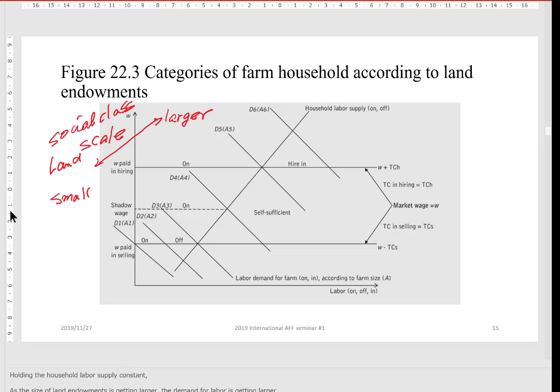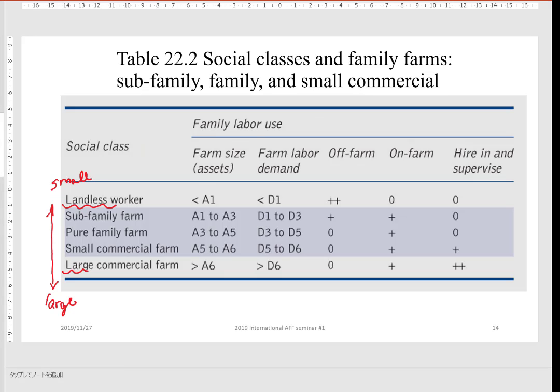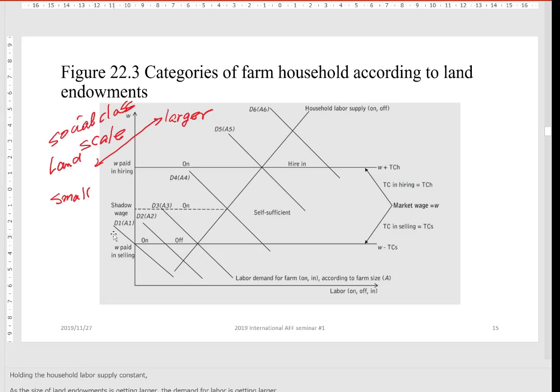So D1 is the landless worker, and the demand for household labor is quite small, because this household doesn't have any farmland, so they cannot use their household labor on their own farmland.